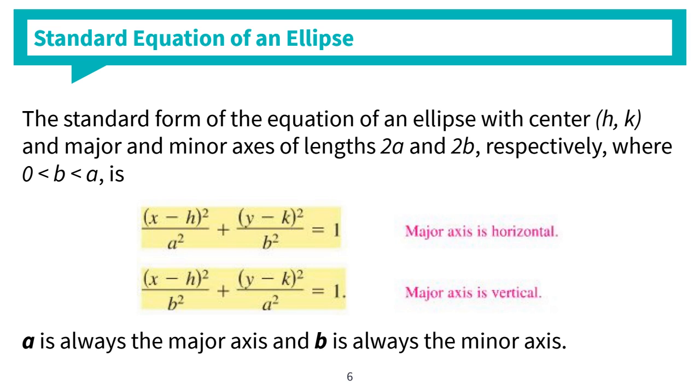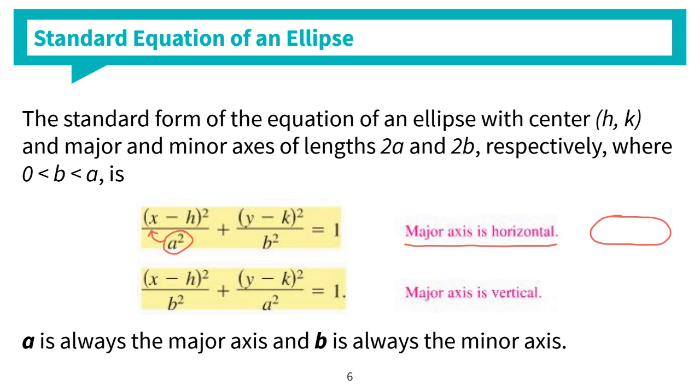Okay, now we're ready to dive into the equation of an ellipse. So what you see in front of you in yellow are two versions of equations that are for ellipses. Now, they look pretty similar, but there is one difference between them, and that difference happens in the denominator. Notice that when the major axis is horizontal, meaning my ellipse is long this way, we have a under the x parentheses.